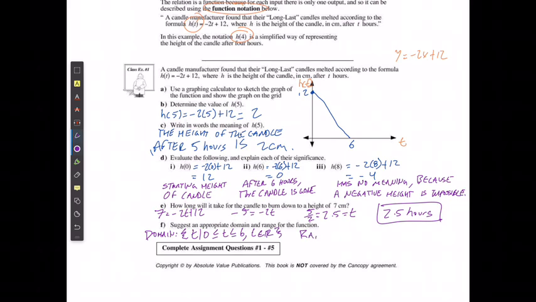The range is going to be represented by h of t, where 0 is less than or equal to h of t, which is less than or equal to 12, where h of t can be every real number. And that's it.